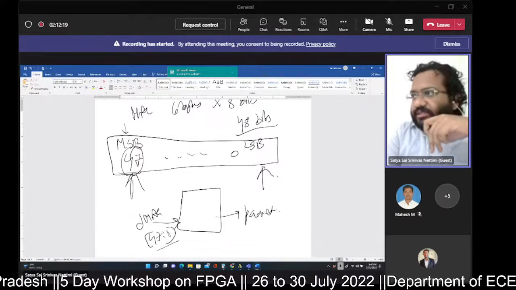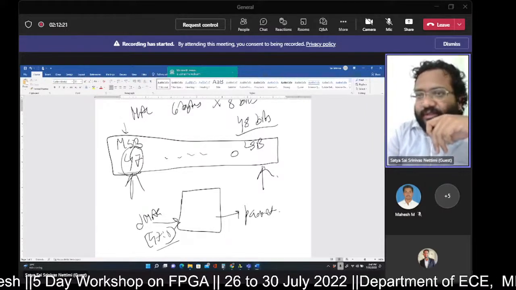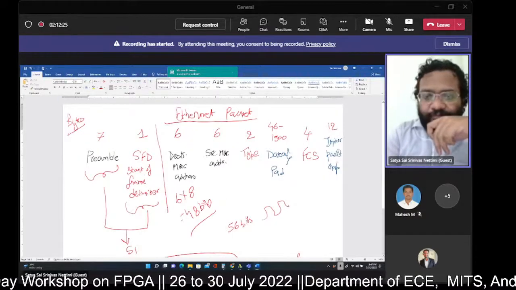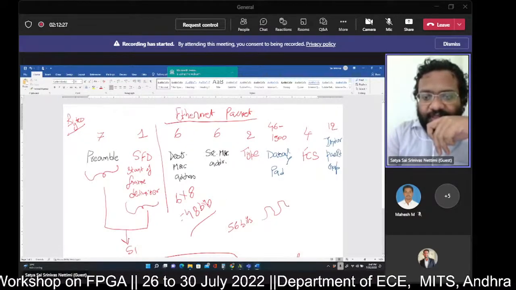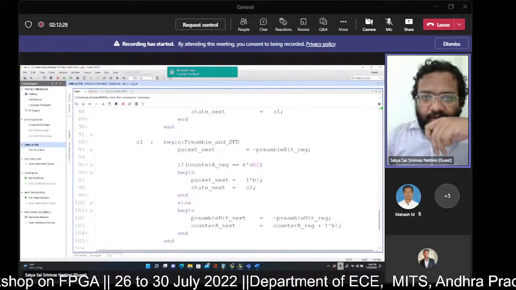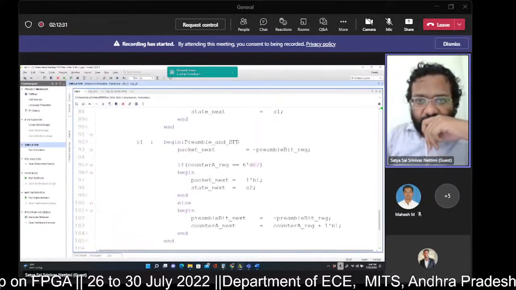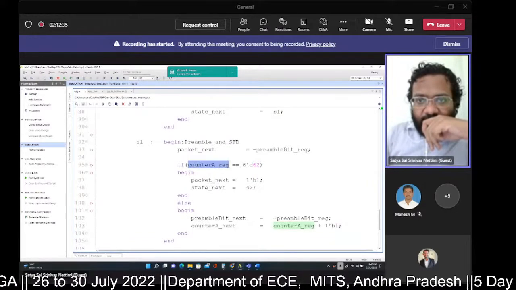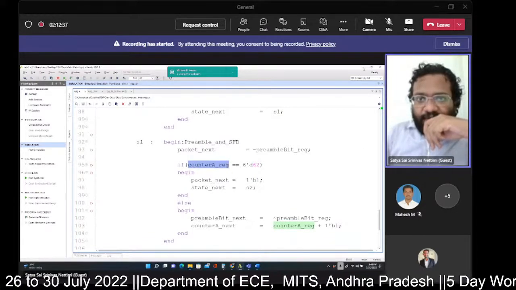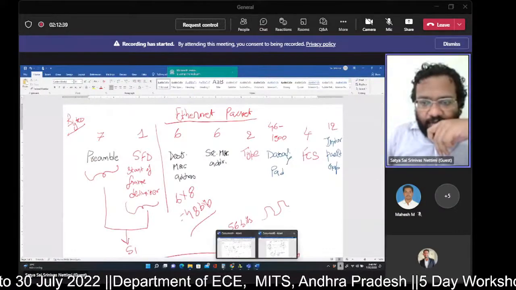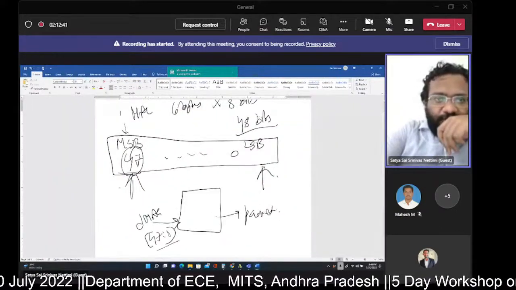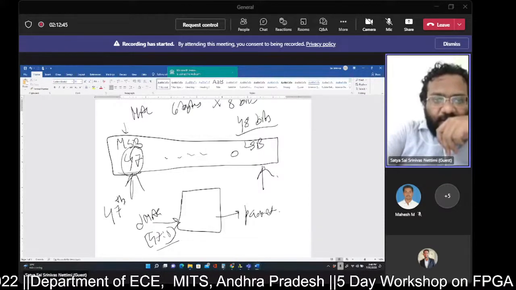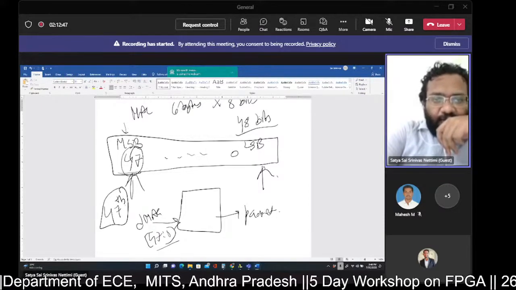For this, I am reusing the same counter that I used in our S1 state, that is counter A. First I need to point to the MSB position, that is the 47th bit, and read that value.